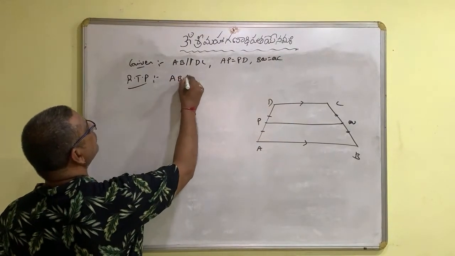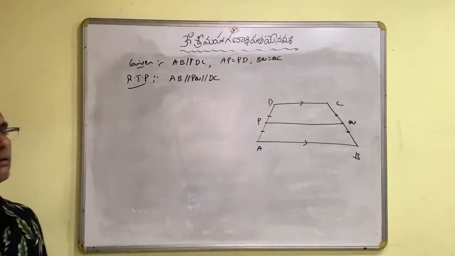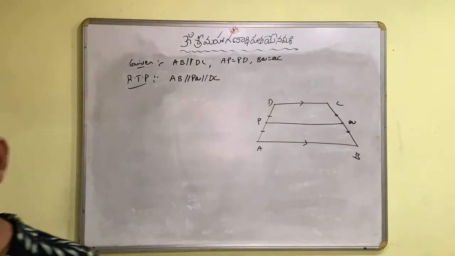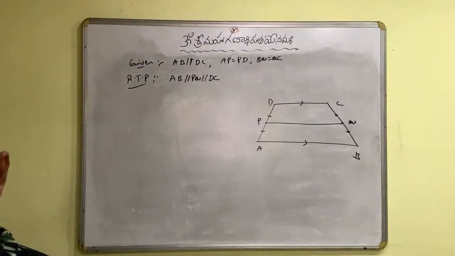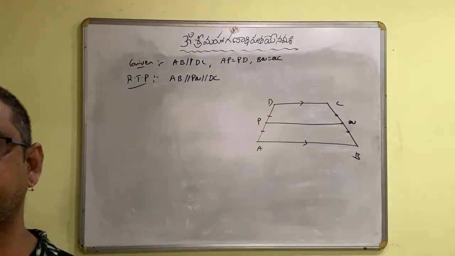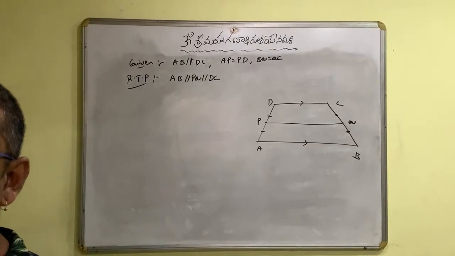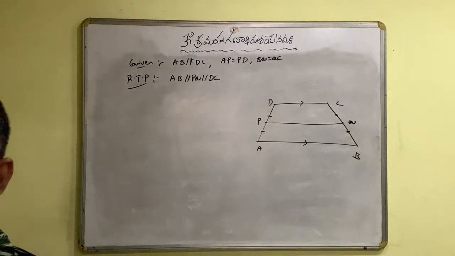We need to prove AB parallel to PQ parallel to DC. We have AB parallel to DC, but we need to prove that all three, AB, PQ, DC, are parallel to each other.